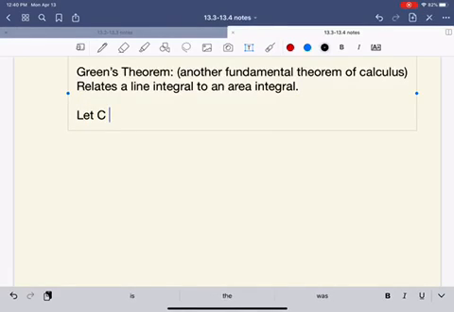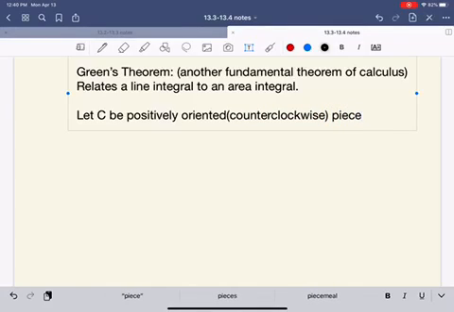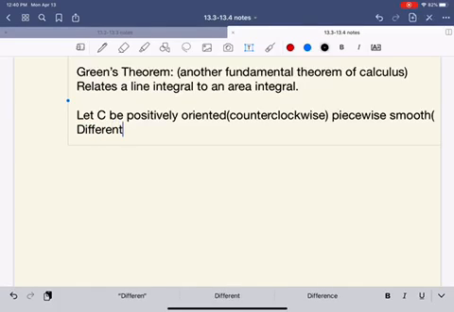Let C be a positively oriented, that means counterclockwise, piecewise smooth, that means basically differentiable, simple closed curve, that just means like a loop.